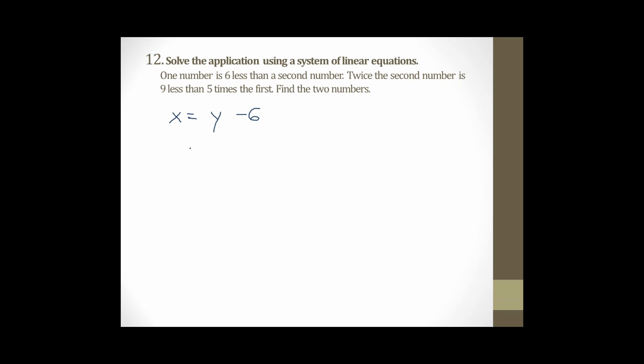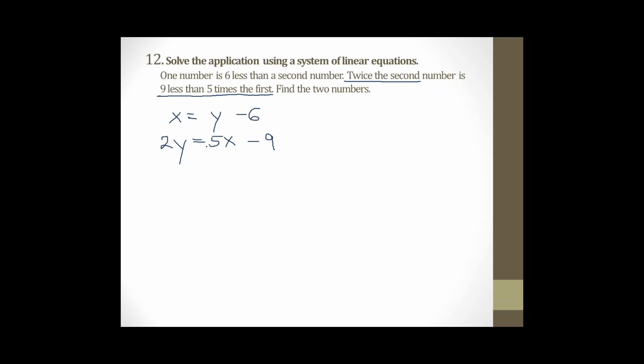So my first equation is x equals y minus 6, and then my second equation, so I have twice the second number, which would be 2 times y, is, so equal sign, and then 9 less than 5 times the first, which is x. So I have my two equations.